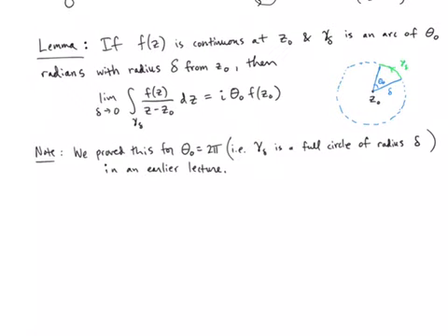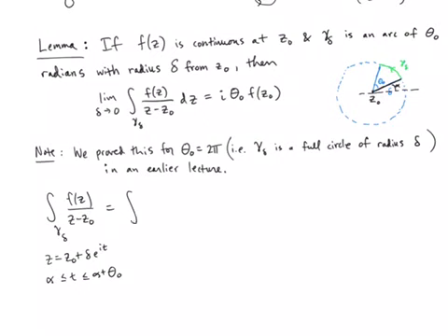So first, let's take a look at the integral over gamma sub delta of f of z over z minus z naught. Let's let our z be z naught plus delta times e to the it. And t is going to go from, so let's say that this angle of inclination, in the picture, starting is alpha. So we're going to go from alpha to alpha plus theta naught.